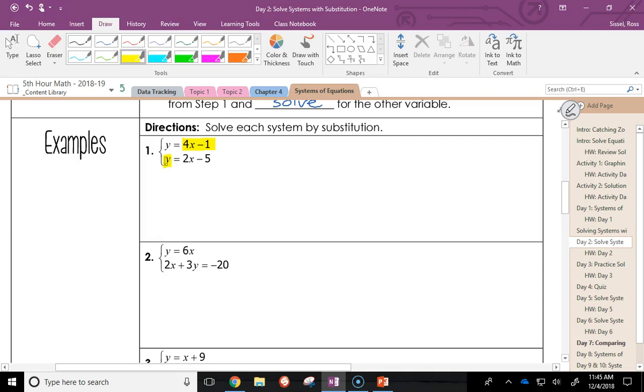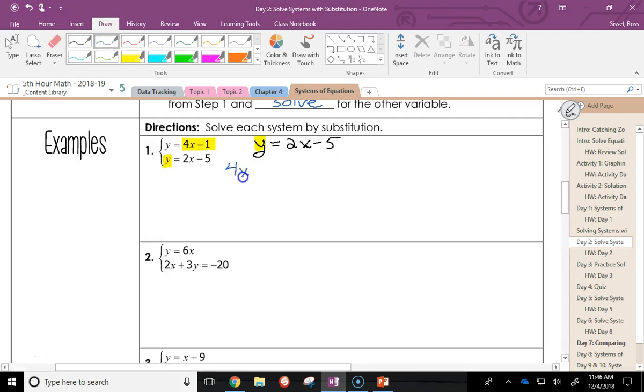Okay? That's our substitution. So I'm going to take the second equation and I'm going to say y equals 2x minus 5. And instead of having a y right here, I'm going to substitute in what we said y was on the previous equation, 4x minus 1.